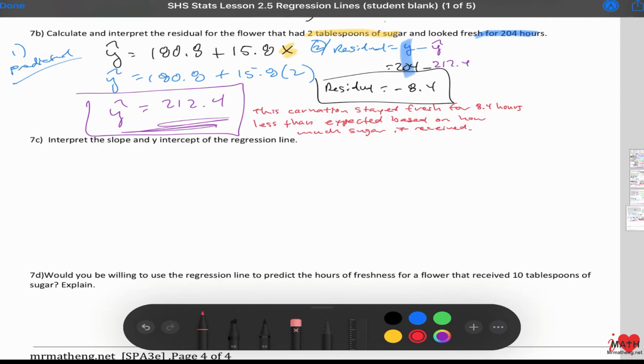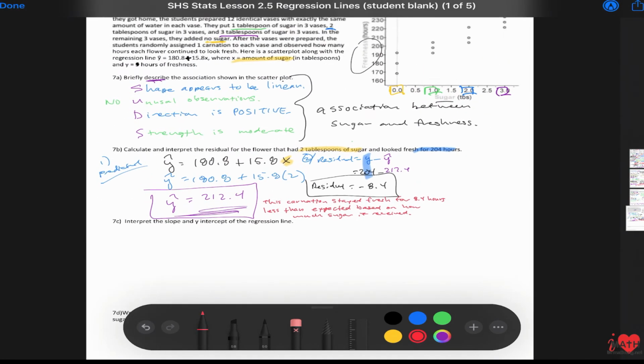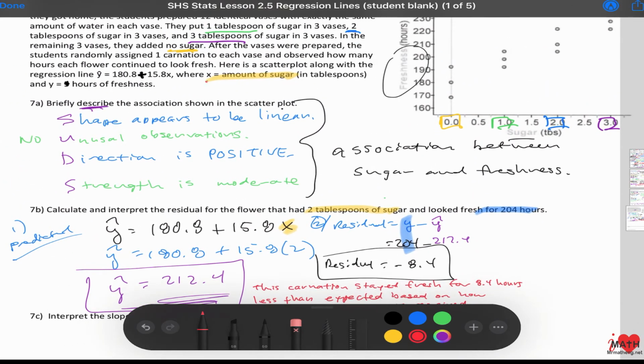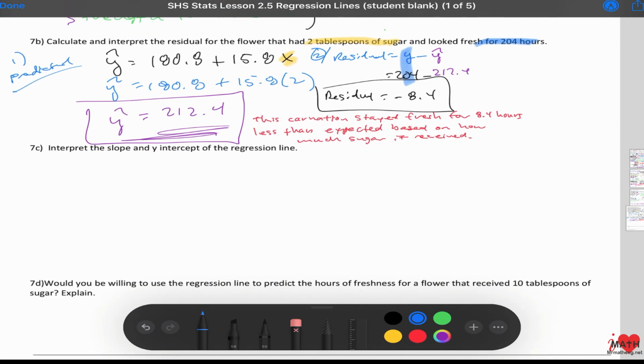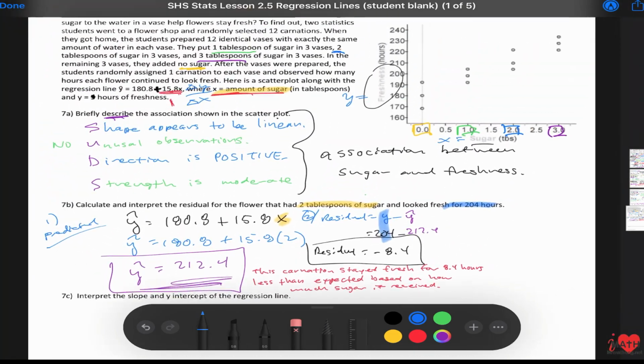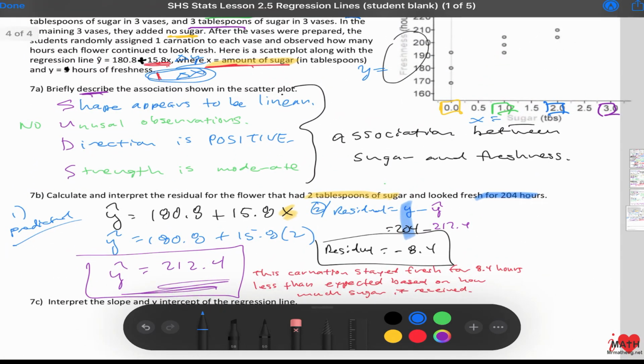Okay, interpret the slope and y-intercept for the regression line. Okay, remember slope is going to be a fraction. I like to do the x first. Remember, over 1. And I actually like to write the words change of y over the change of x. And your x is sugar and y is freshness, right? What color did I assign? X is going to be, we'll do blue.